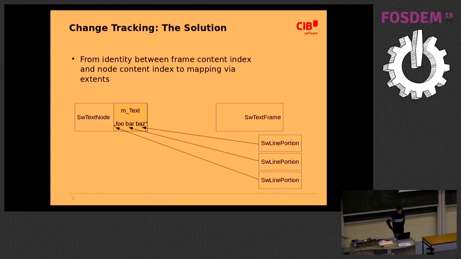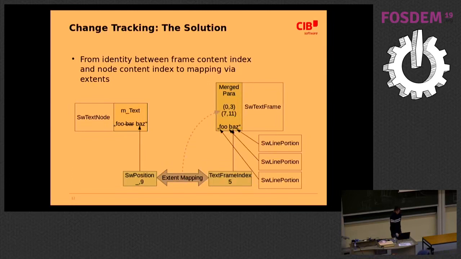So all of the formatting information in the text frame refers directly to indexes into the string that is a member of the SwTextNode. With this new merge paragraph data type, what we get now is that we have two different indexes, a model index, the SwPosition, and a text frame index. And we have to use the extent information in the merge paragraph to map between the two.